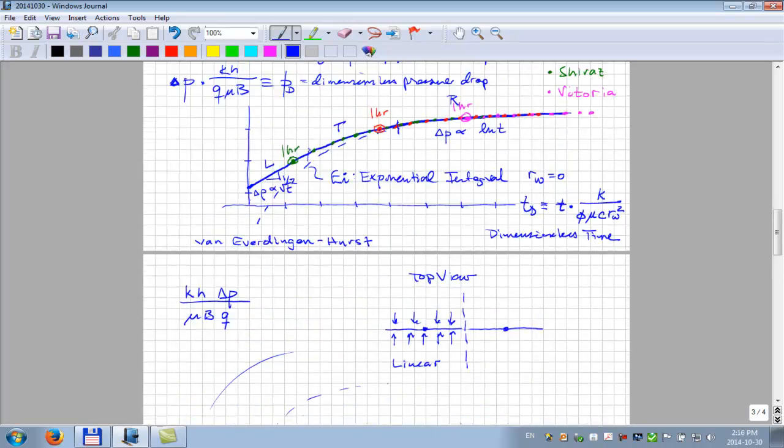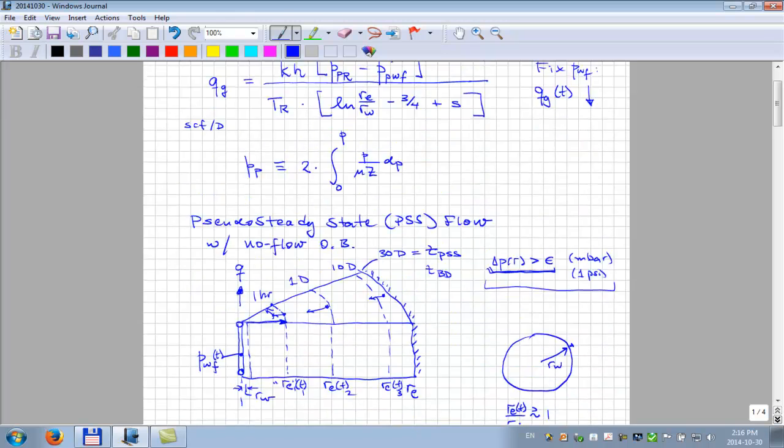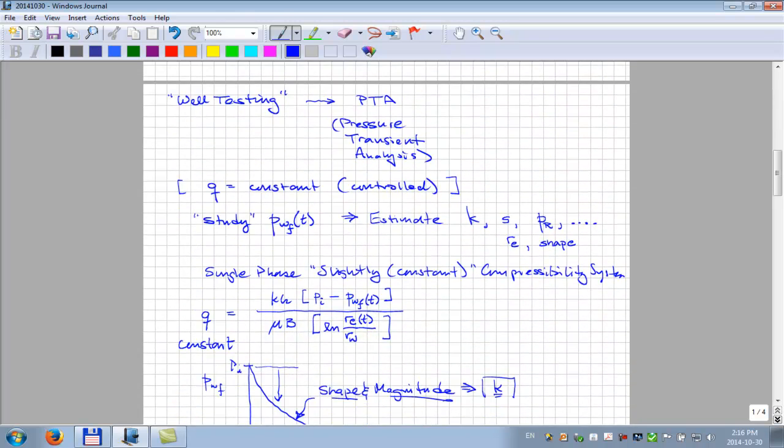Just as in pressure transient analysis, I don't know exactly who you want to call the father. Probably Hank Ramey is the proper one. And by the way, Hank Ramey was on the committee, together with one of his students, Raj Raghavan, on the doctoral committee of Mike Fetkovich when he got his Doctor of Technology degree here in Trondheim, as an adult, 50 years old.